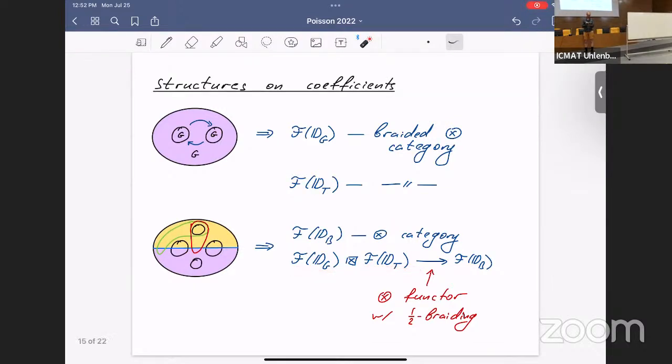Because if you have, for example, a G disk over here and a B disk over here, then you can include them into one B disk, right? Okay. And moreover, as you can see, you can somehow braid a B disk with a G disk by doing the following.